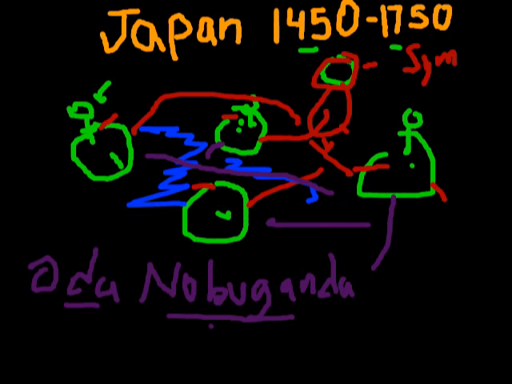After Tokugawa Ieyasu accomplished this, Japan started to become socially stratified, and the social mobility of Japan was very tightened.